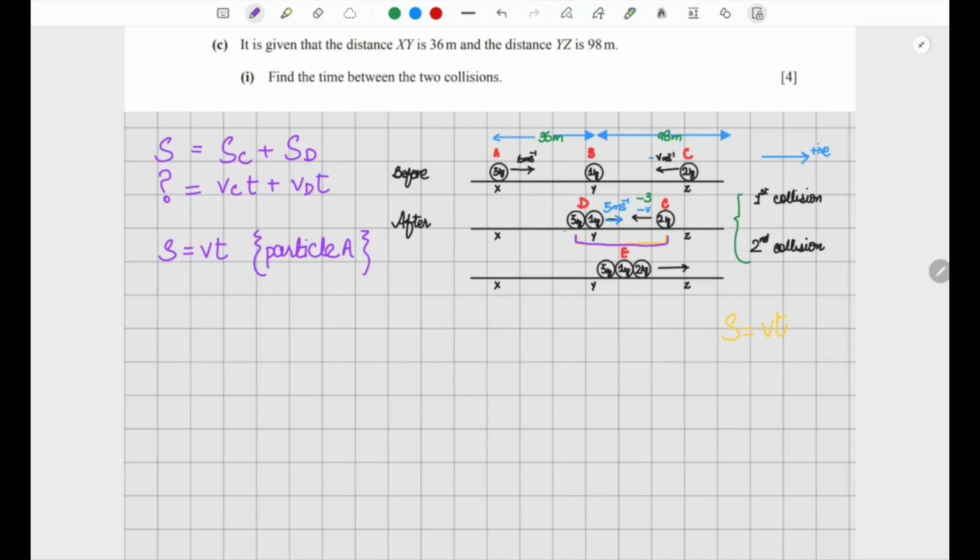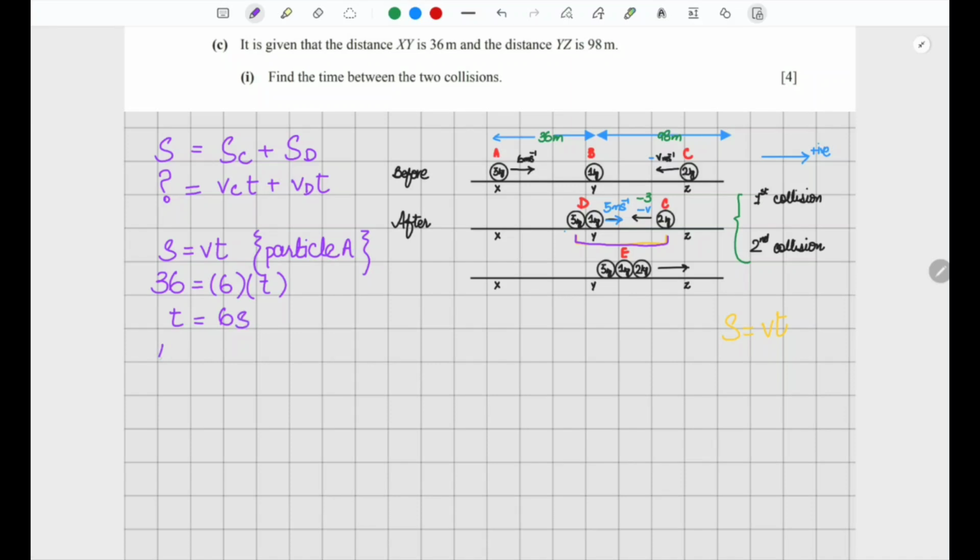How much distance has it covered? Yes, for sure we know that it has covered a distance of 36 meters, because it hit particle B that was at rest, so it has covered 36 meters to reach particle B at point Y. The initial velocity was 6, and we need to find how much time it took to reach particle B. So t will be equal to 6 seconds.